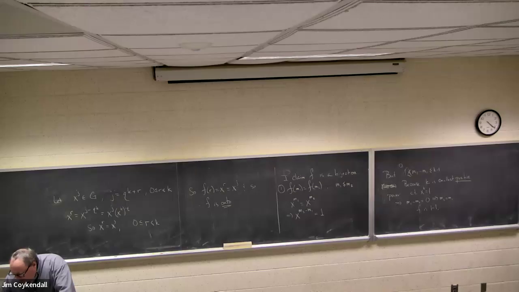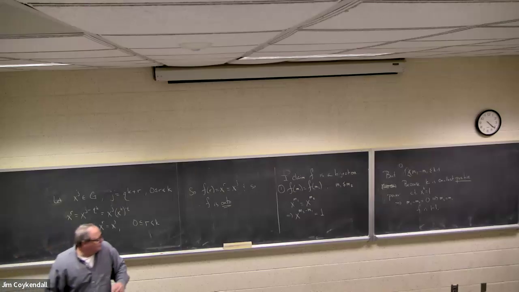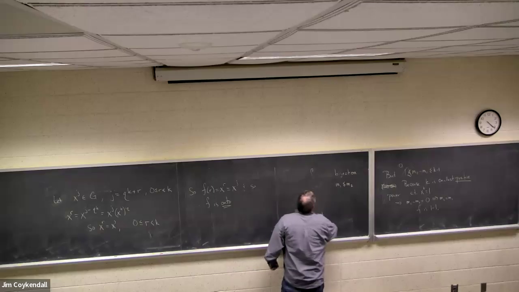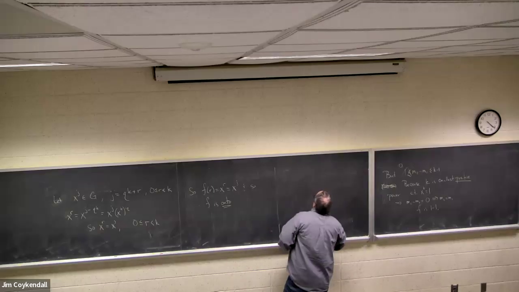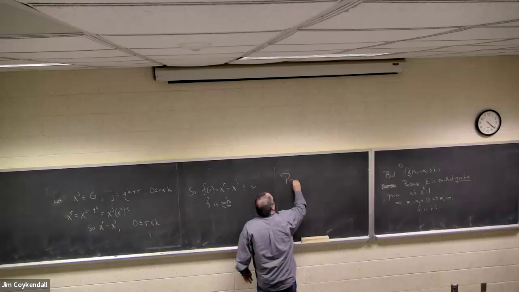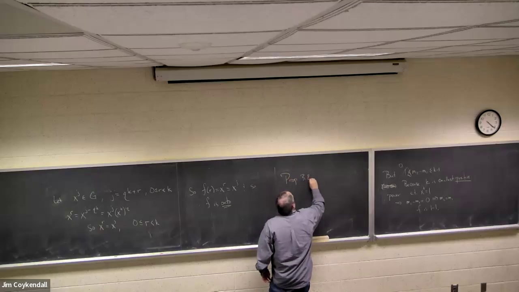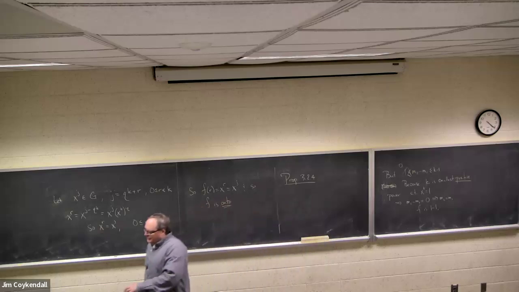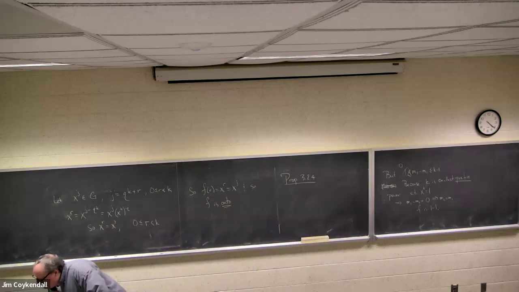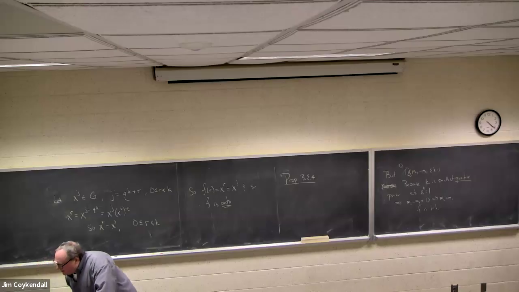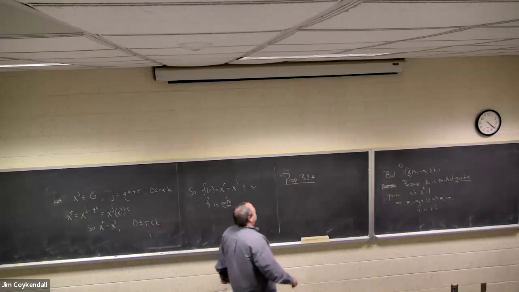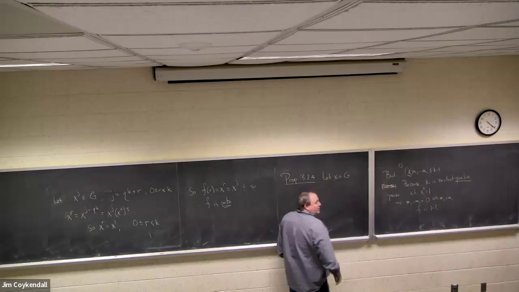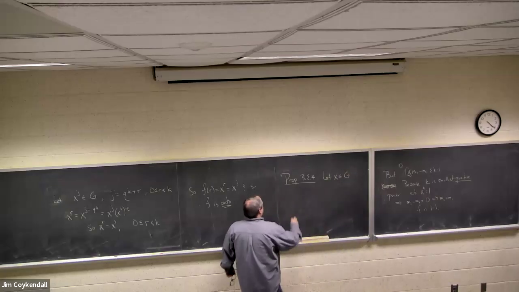Let me give you another proposition that you will see is kind of neat, and again, it depends on the properties of integers. Let's say that x is an element of the group G. It's just any element of G. It doesn't even have to be a cyclic group.